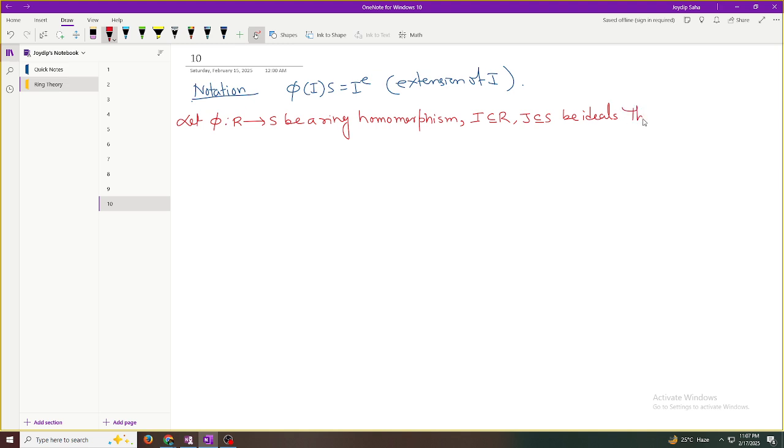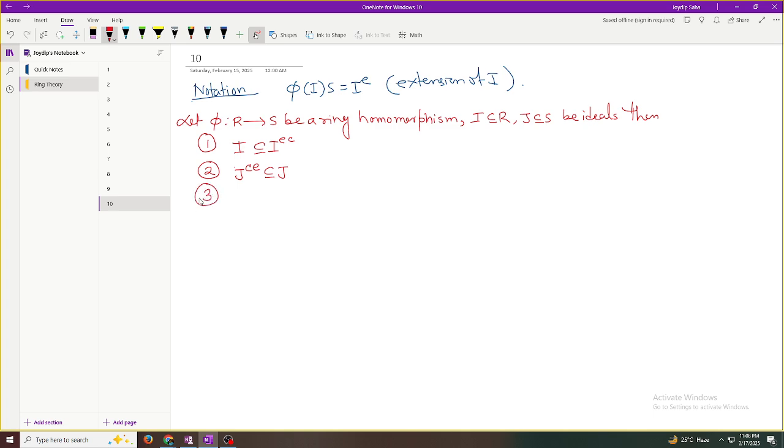Then what happened? One, I extension then contraction is bigger: I is contained in I extension contraction. Number 2, J contraction extension is smaller: J contraction extension is a subset of J.